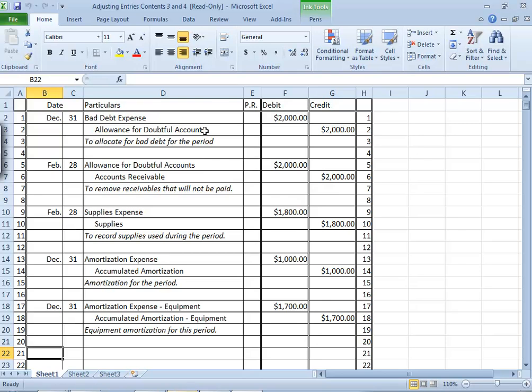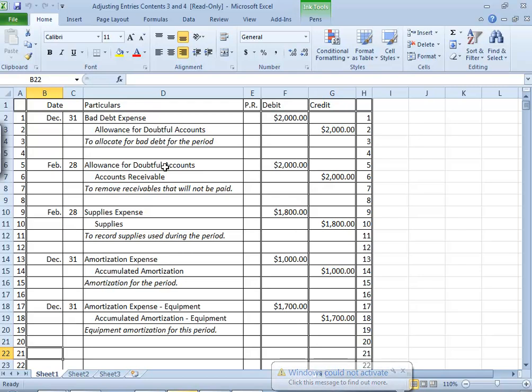Then at some point the company will realize that a certain amount of time has passed and the debt is definitely not going to be collected. So let's say on February 28th, we would remove that amount, the $2,000, from allowance for doubtful accounts.